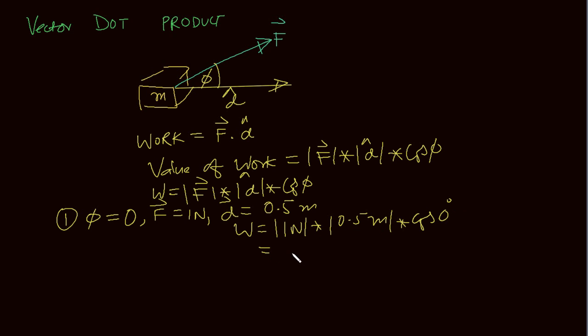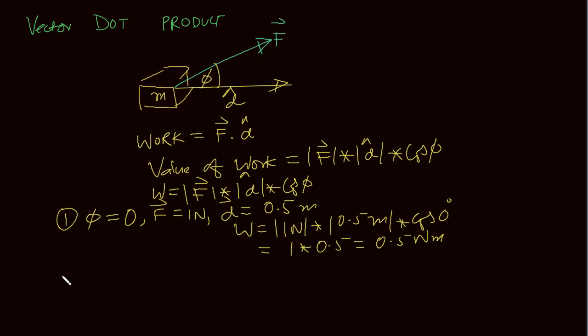So this will become 1 multiplied with 0.5 is equal to 0.5 Newton meter. So this is almost simple product of two vectors.